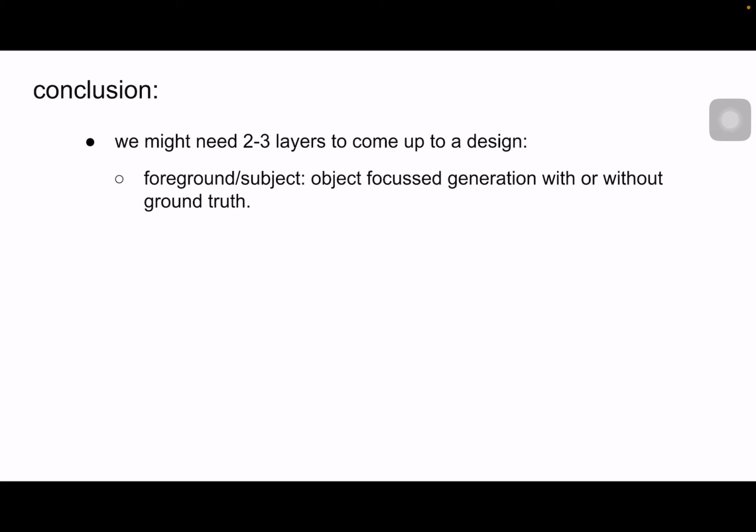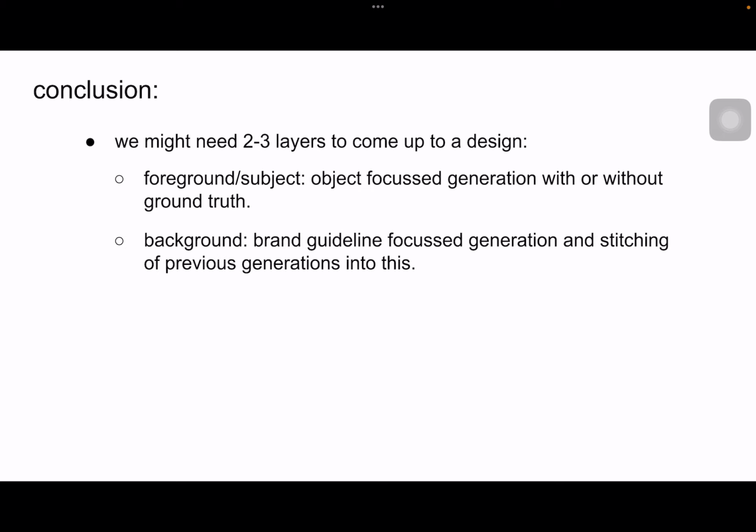If not, then we can simply ask a model for the generation. For the subject generation, we can have a background remover to extract the foreground, and then not use the background that is generated with the foreground itself. And we can generate the background from that level of generation, and stitch both of them together.